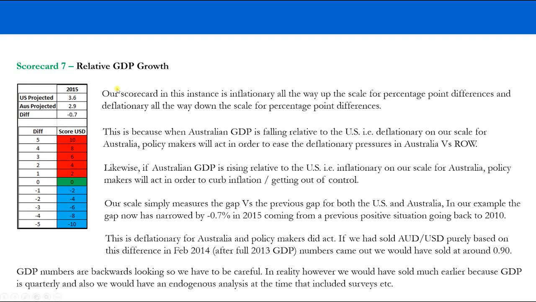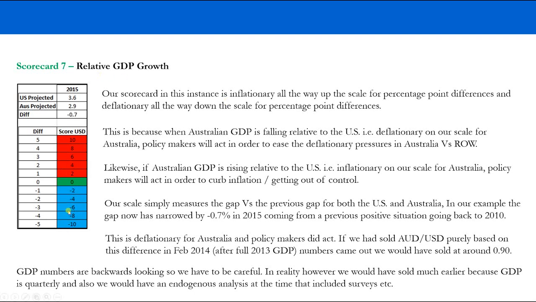Now, the reason why we have inflation all the way up and deflation all the way down is really because if we go through a few examples, when Australian GDP is falling relative to US, i.e. deflationary on our scale for Australia, policymakers are likely to act in order to ease the deflationary pressures in Australia versus the United States and the rest of the world.